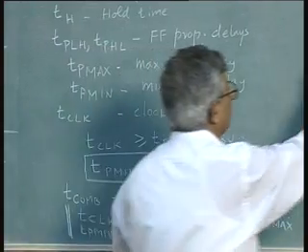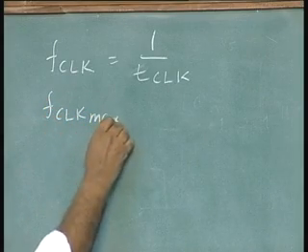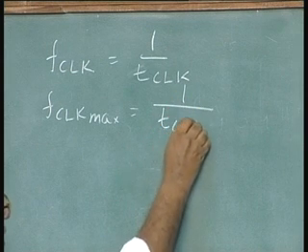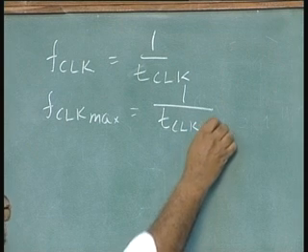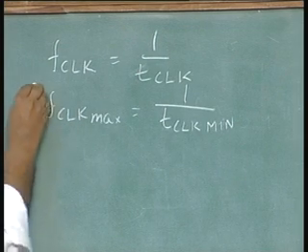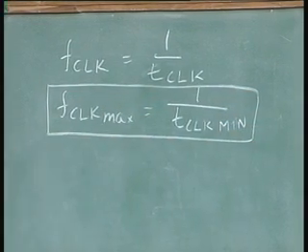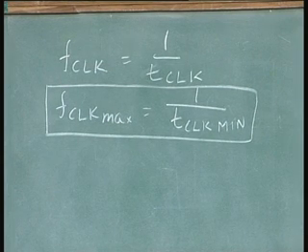So F clock maximum will be 1 over T clock minimum. And this is an important equation when you are designing a system. Flip flops have to operate at this speed.